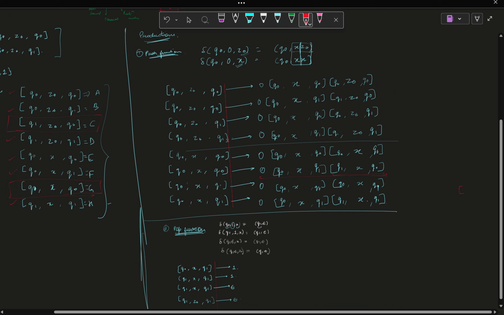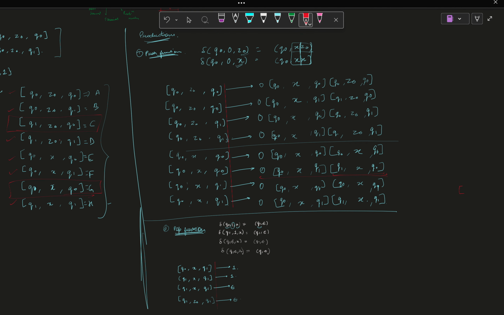All of the functions that have these in their second half will be considered useless. So Q1 Z naught Q naught is here, so it's useless. Then Q1 Z naught Q naught again, let's search for that. Okay, there's nothing with Q1 Z naught Q naught here, so I think we're safe. Then let's move on to Q1 X Q naught.